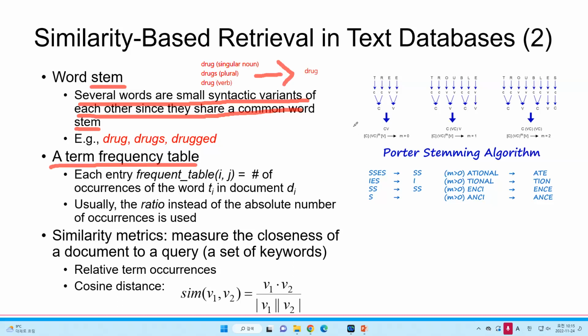This is one of the algorithms, the Porter stemming algorithm. It is one of the very complicated ones. For example, I have motivational. If we remove the tional, it means we have the keyword motivate.